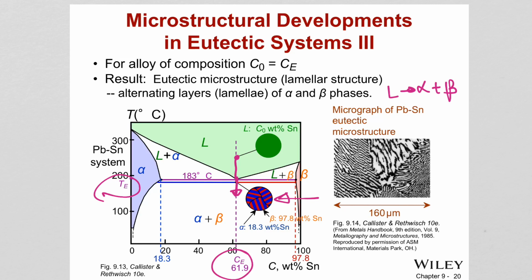Under the microscope, when you see layers of alpha and beta, whites can be alpha and blacks can be beta. If you see alternating layers of alpha and beta, that is a characteristic property of a eutectic microstructure.